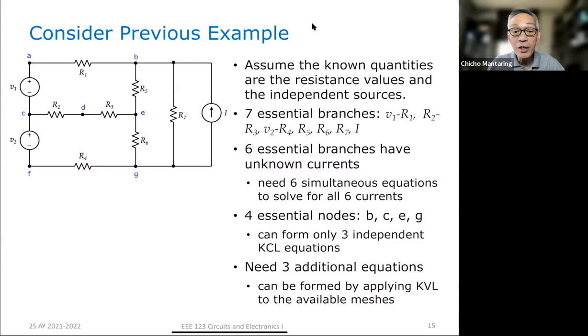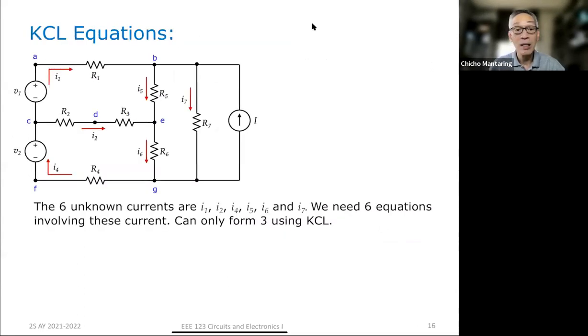So the 3 additional equations I can form by applying KVL to the available meshes. Yun yung magbubuo ng 6 equations ko. My 3 independent KCL equations, and then I have to take a look at the available meshes and then form KVL equations from my available meshes.